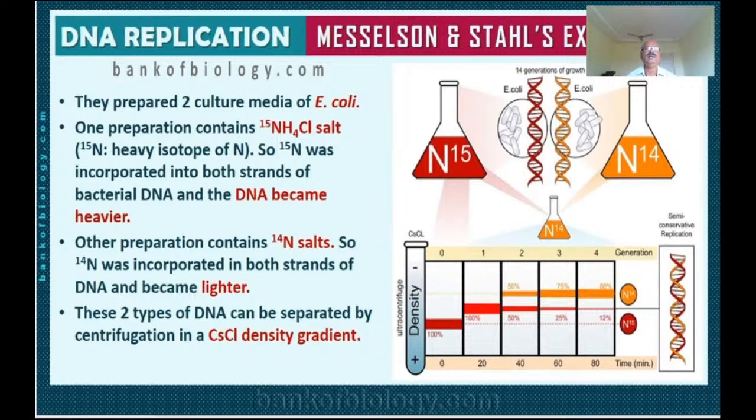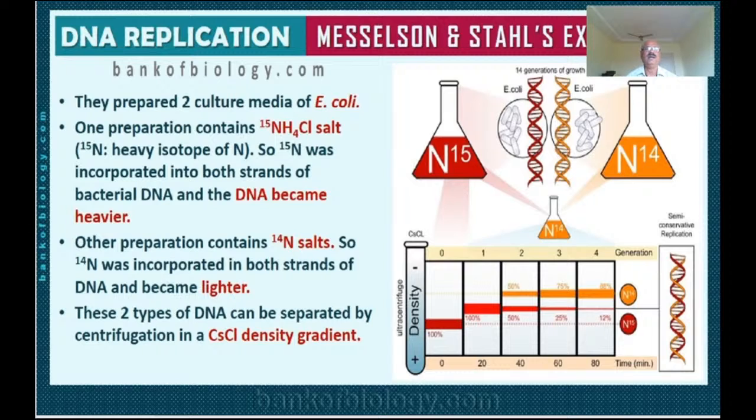In this experiment, they prepared two culture media of E. coli. One preparation contains ammonium chloride N15 salt, that means a heavy isotope of nitrogen. So N15 was incorporated into both strands of bacterial DNA, and the DNA became heavier.